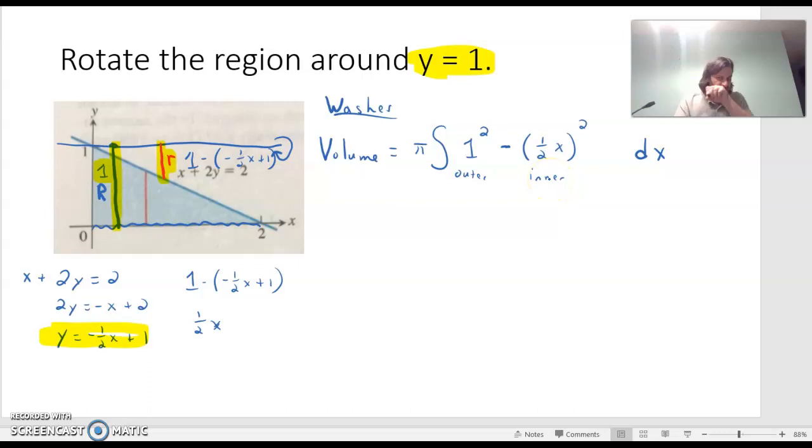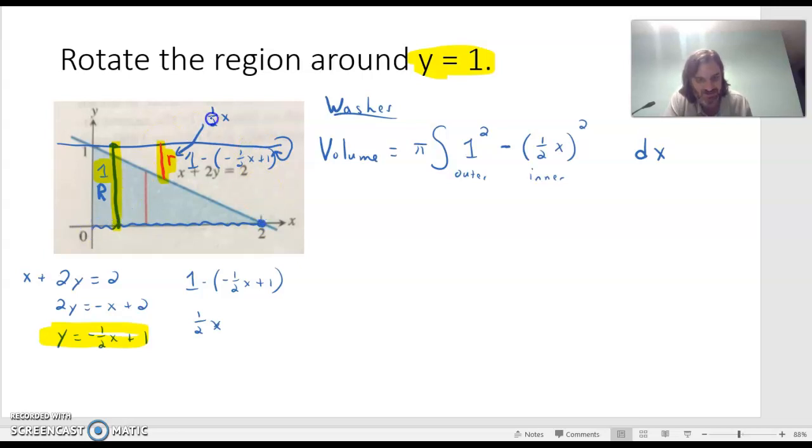These problems are a little bit harder because you've got to figure out how that works. So this inner radius right here will be 1/2 x, and that's the distance between the line down to the curve. So think about it. When x is 2, half of x is 1, which is how far that inner radius is.